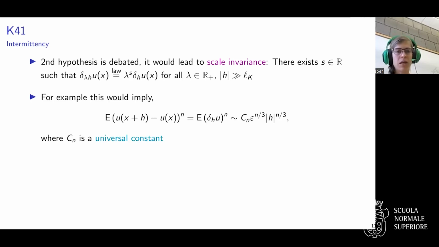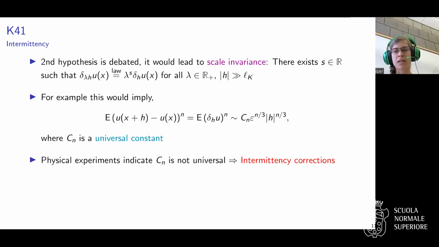So what this would mean is that if you look at the expected value, or the average, of the increment to the power n, then there should be some universal constant Cn, and then the mean energy dissipation rate, and then the size of the increment to the power n divided by 3. And Cn should be some universal constant.